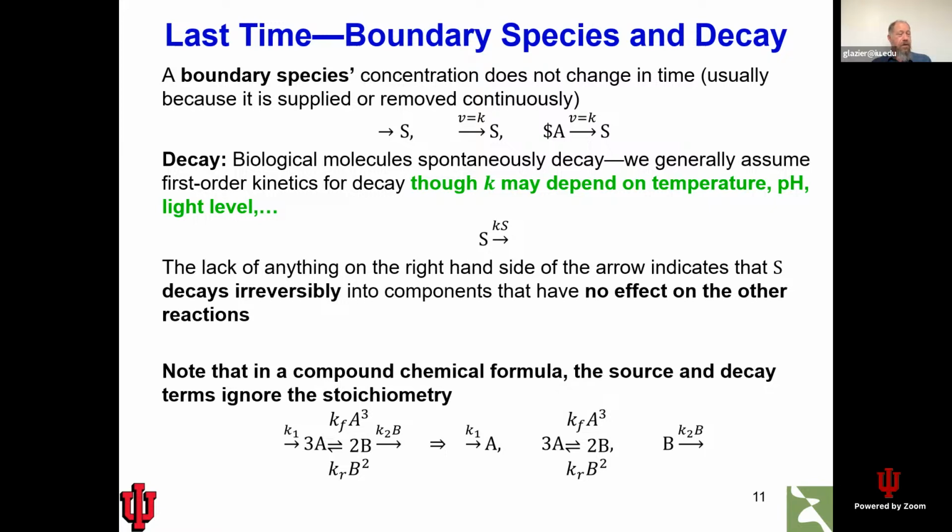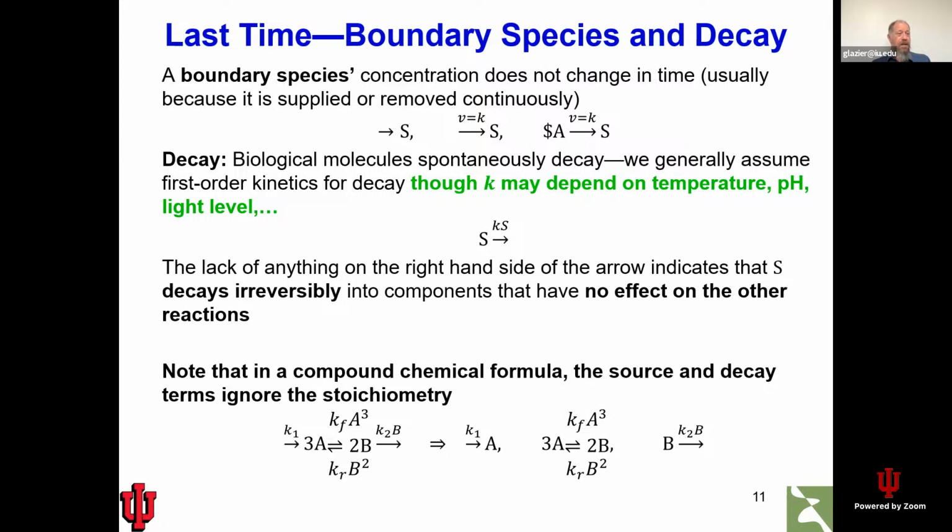I have 3 molecules of A reacting reversibly to make 2 molecules of B. I also have a source that's creating A and a decay of B. And the way it's written, I have nothing producing 3A at a rate K1 and 2B going to nothing at a rate K2B. And one has to know that when it's written that way, you don't multiply the K1 by 3 or K2B by 2.